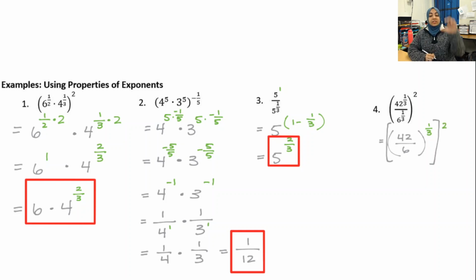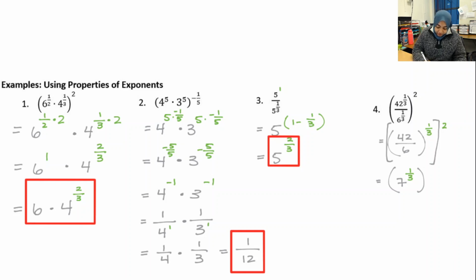What that's going to do is allow me to simplify my 42 over 6, and that's hopefully going to make my job a little bit easier. So I see that 42 over 6 does simplify. It simplifies to 7, and then I'm going to raise that to the 1/3 power. And then I'm going to raise that quantity to the 2nd power.